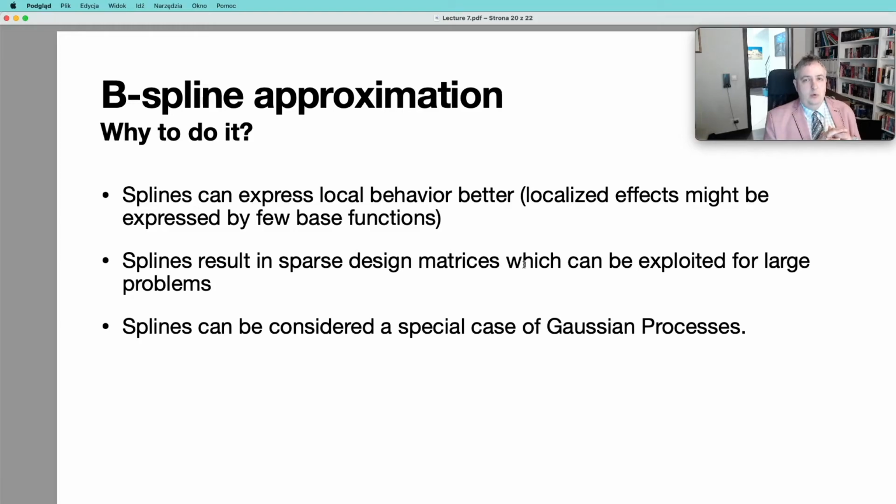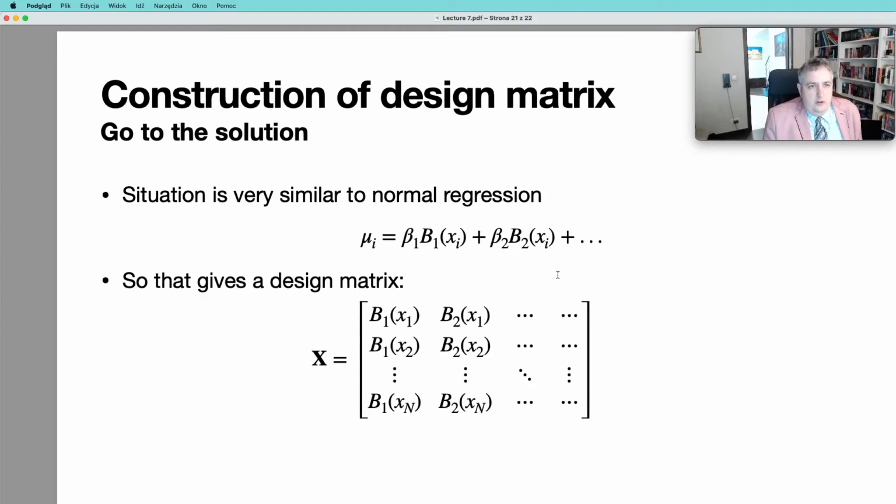Then maybe it will be useful to use that sparsity in order to get faster matrix inverses and so on. And splines are a special case of Gaussian processes, which hopefully we'll be able to say something about later during this course. So generally, the design matrix is constructed as the values of spline functions at all the data points we have, but of course for most of them there will be 0 because they are outside of the area.